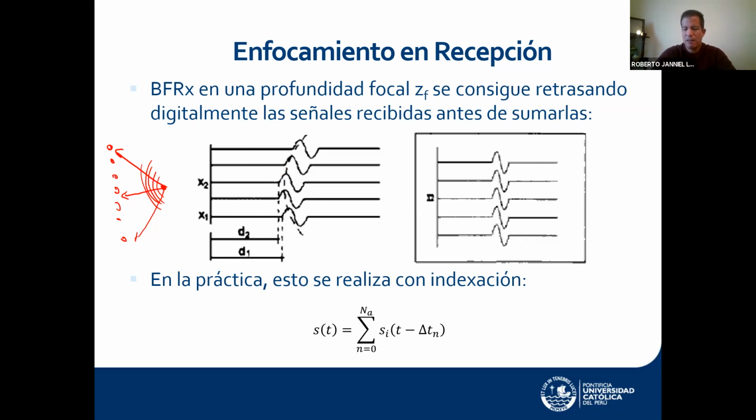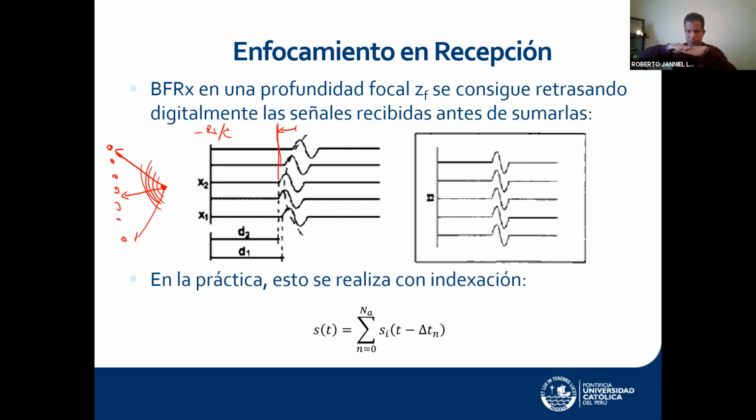If I apply focusing, that means I apply delays, just like we said before, delays that are minus R sub i divided by c. So this goes to the left. If the reflector is actually at the depth that I think it is, after I apply all those delays to the signals, all those sinusoidal echoes would be aligned one on top of the other.